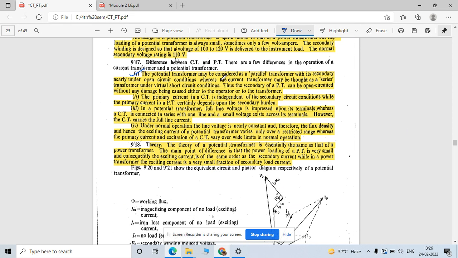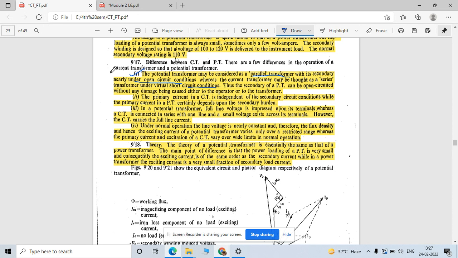Okay, the potential transformer may be considered as a parallel transformer because it is connected in parallel with your load, or you can say between the lines, with the secondary nearly under open circuit condition, whereas the current transformer is in series, a series transformer under virtual short circuit conditions. So these are the conditions.